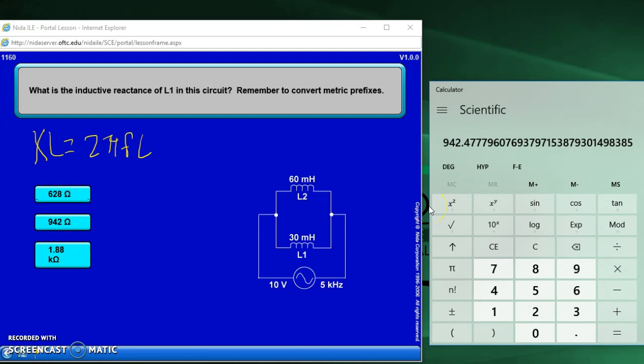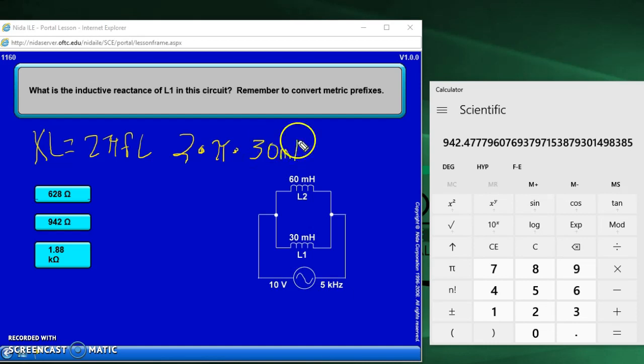So what I did was, just to let you see that, 2 times pi times 30 millihenries times 5 kilohertz. I swapped out my frequency and my inductance, but that's okay. It doesn't matter if we put them the other way.